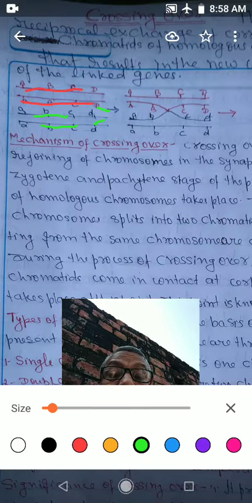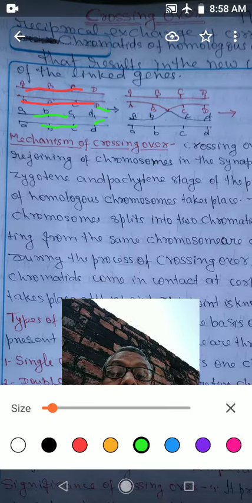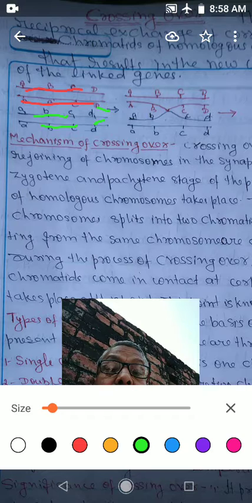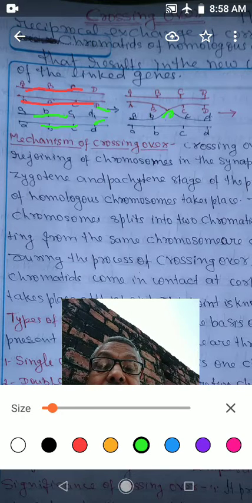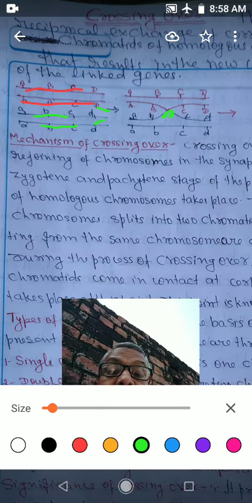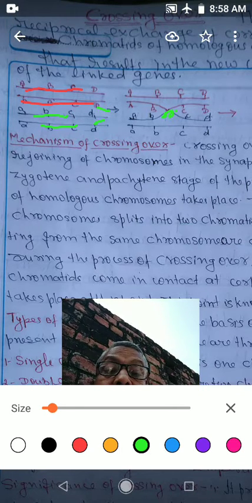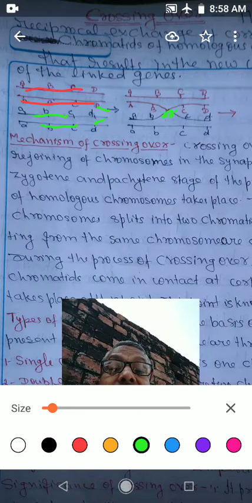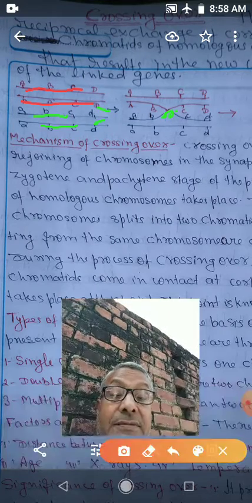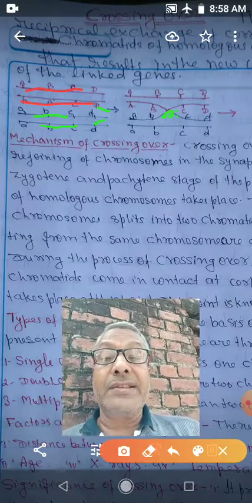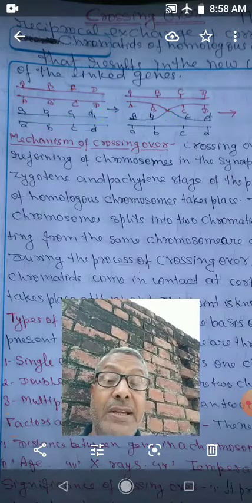Non-sister chromatids come in contact and their contact wall will dissolve, and after that a cross is formed. This is called chiasmata, chiasma, and at this point these non-sister chromatids will break, rejoin and exchange the chromosomal segment. So there is the breaking, rejoining and exchange of chromosomal segment.